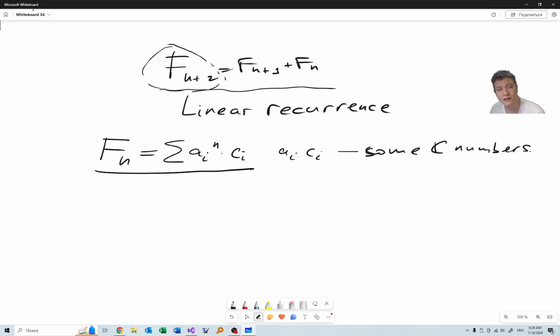After that, notice that since this equation is linear, what do I mean by linear?